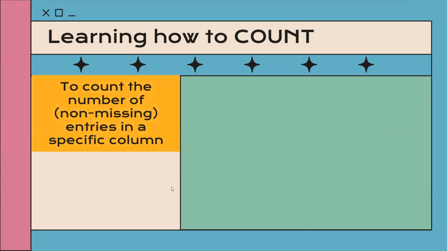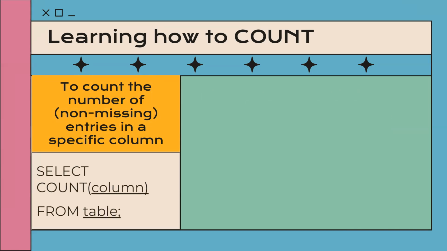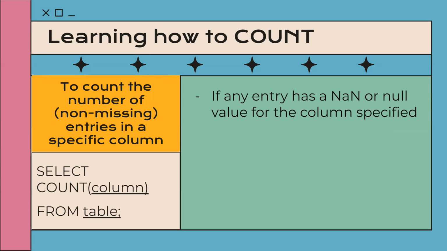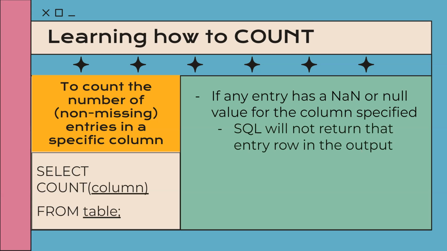Okay, so let's say I want the number of non-missing entries for a specific column instead. So now I'm not looking at all columns, but we're just looking at one specific column. So it's pretty similar. SELECT COUNT your column name, and then FROM table semicolon. The syntax should be pretty similar to what we've learned in the past few minutes, so shouldn't be too difficult. So in this situation, if any entry has a null or NaN value for the specific column, SQL will not return that row in output.